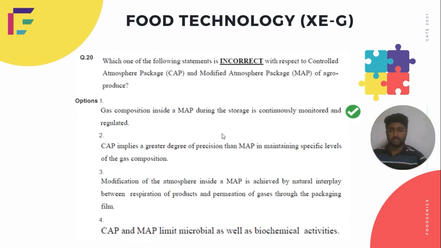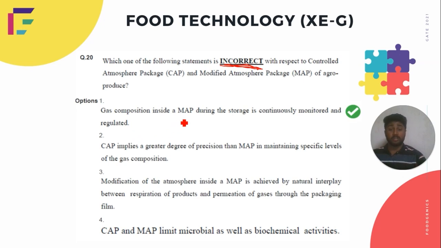So the next question is, which of the following statements is incorrect. Please note this, we have to mark the incorrect one with respect to CAP and MAP of agro produce. The first option is gas composition inside a MAP during storage is continuously monitored and regulated.